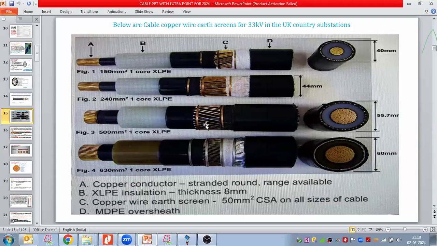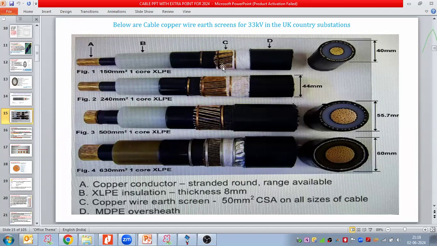So in this cable, three components are very crucial. Obviously, the conductor is very important. Over the conductor, insulation is the second important component of the cable, and the third very important component of the cable construction is the metallic sheath.